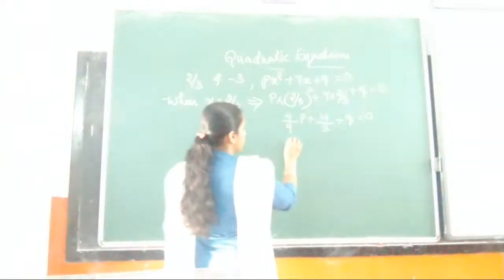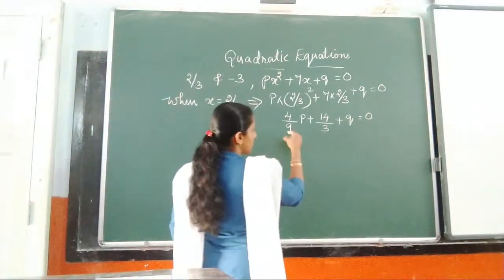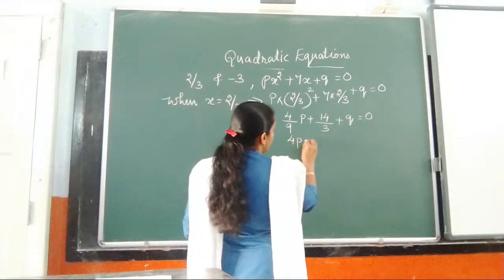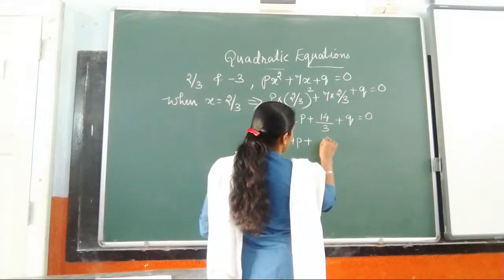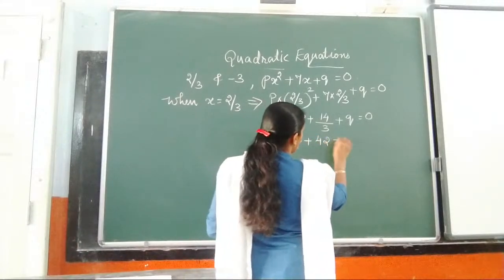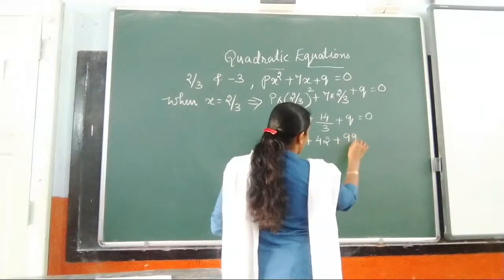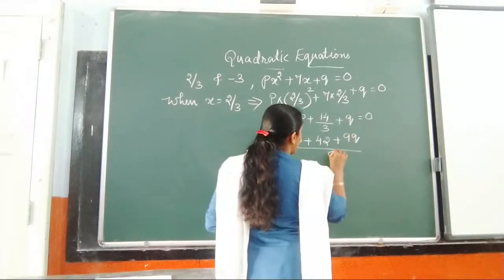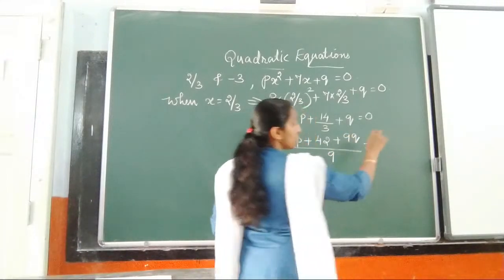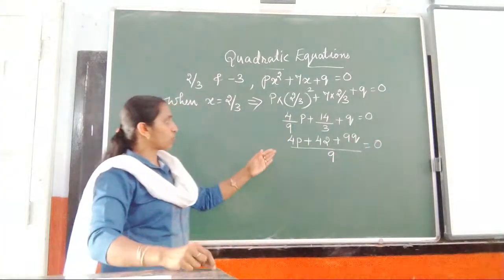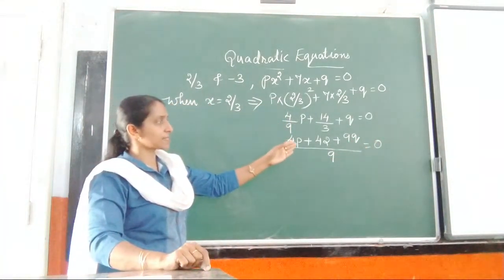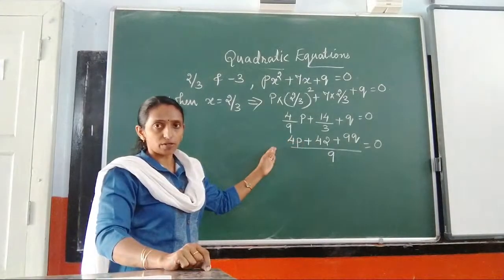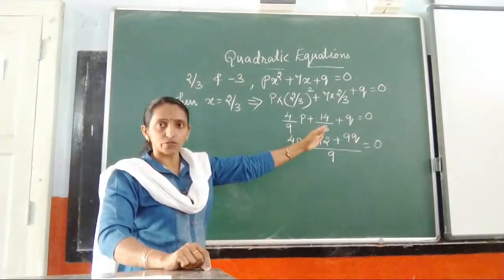LCM is 9. So after taking out the LCM, you are getting (4p plus 42 plus 9q) all divided by 9 equal to 0. Right? 4p plus 42 plus 9q upon 9 equal to 0.